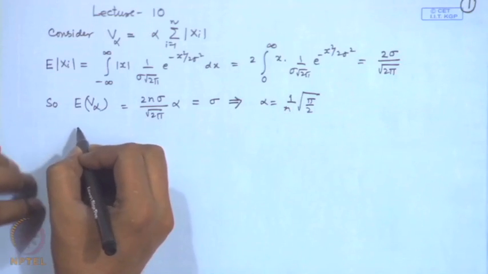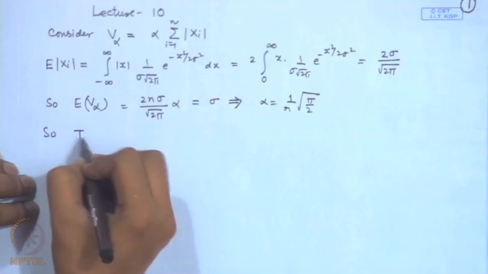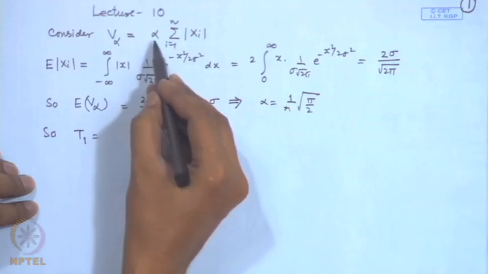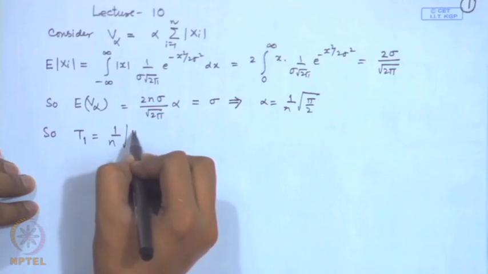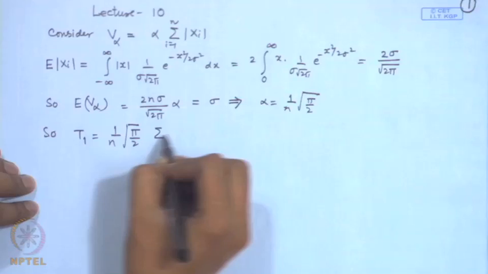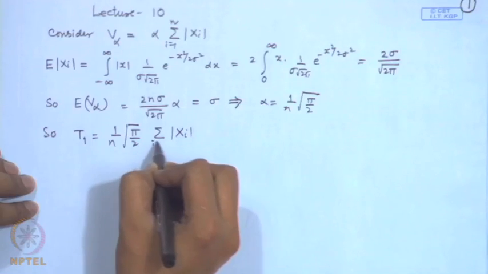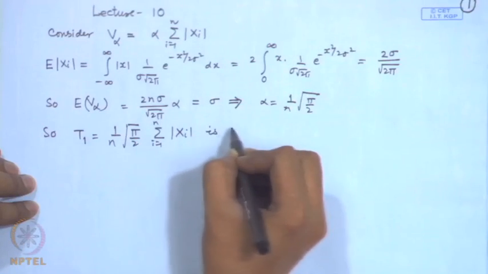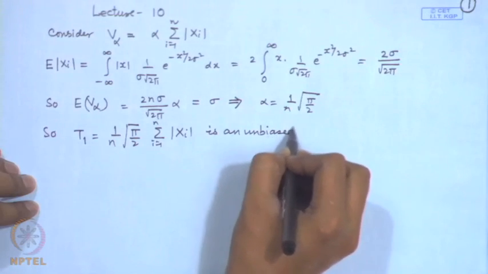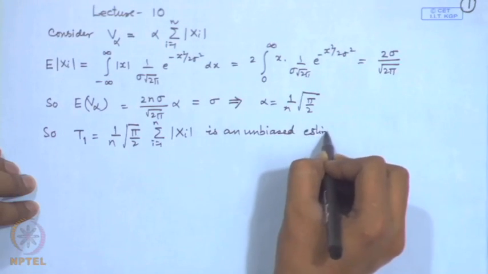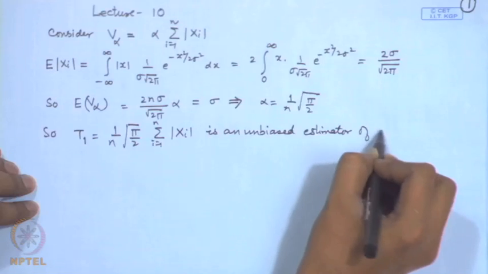Let me call this estimator T 1, by substituting alpha equal to this value, that is 1 by n root pi by 2 times sum of modulus x i. This is an unbiased estimator of sigma.